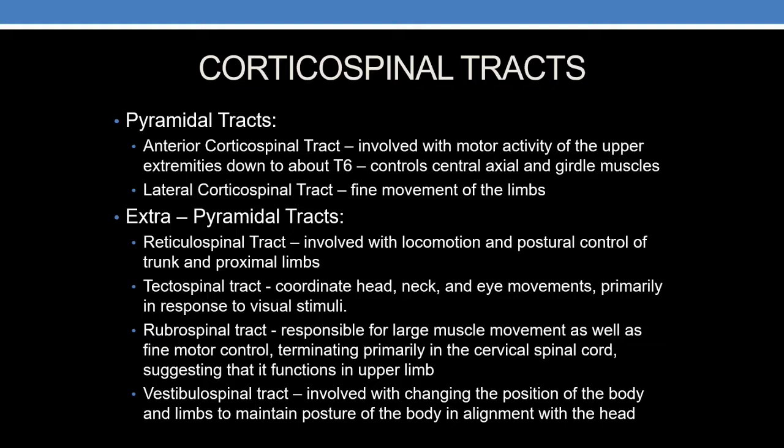And then finally, the vestibulospinal tract is involved with changing the position of the body and the limbs to maintain posture of the body in alignment with the head. And so it's the vestibulospinal tracts that we associate with balance.